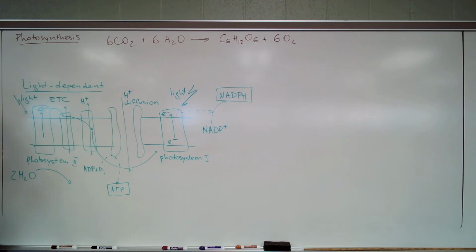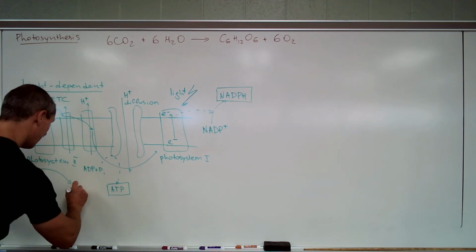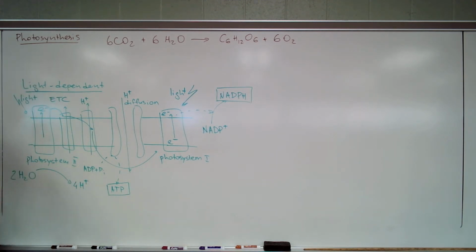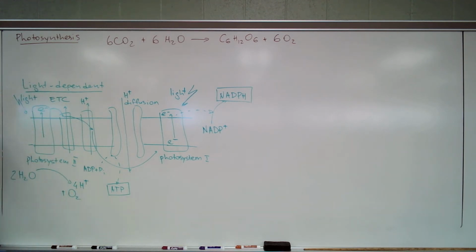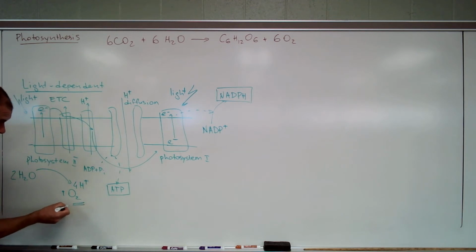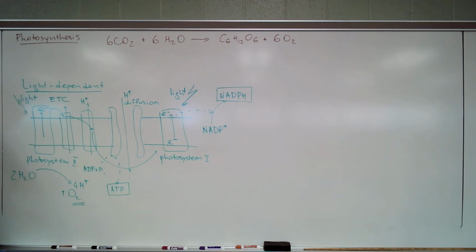So water is being oxidized, but not just water is being oxidized. Oxygen in the water is being oxidized, and the result of it are protons, which are going to be used, and oxygen is a waste. Does that make sense to you? You good? Good? Okay. Any questions so far? Awesome.